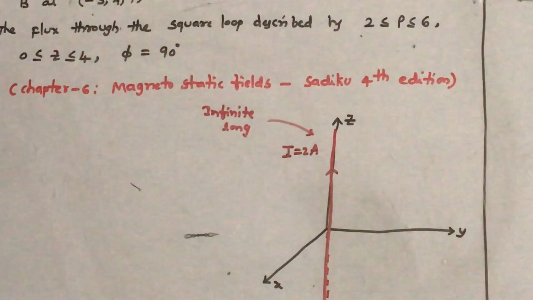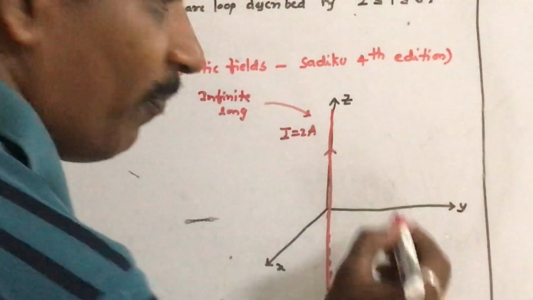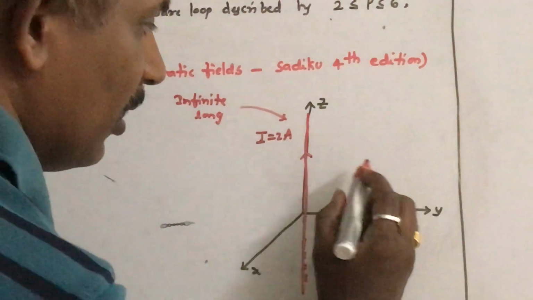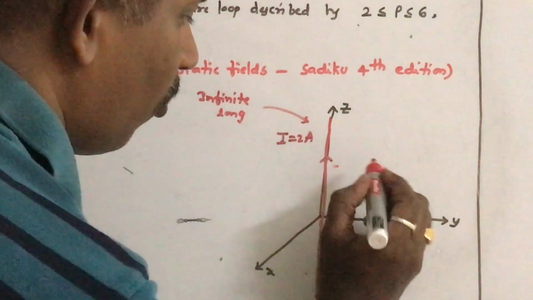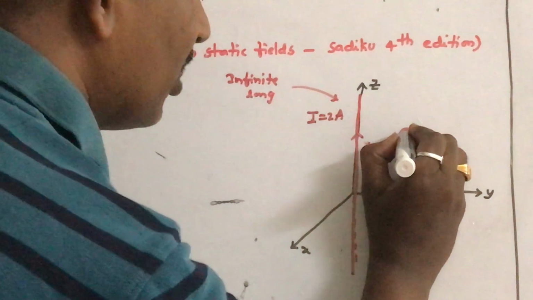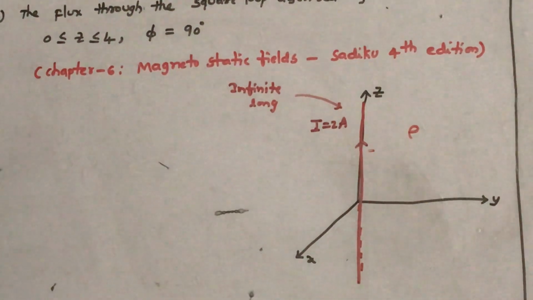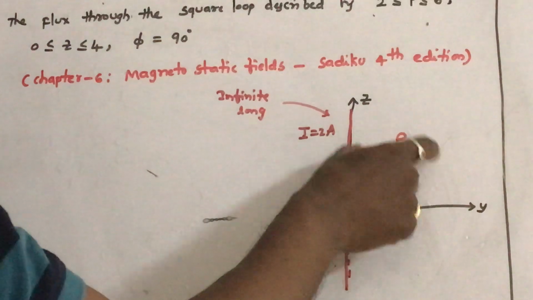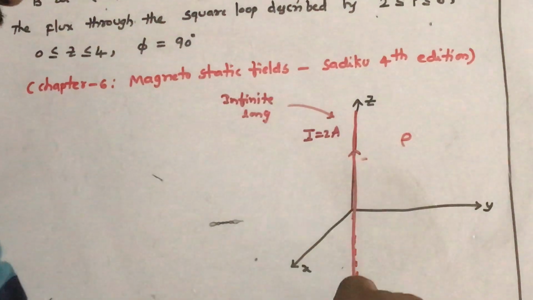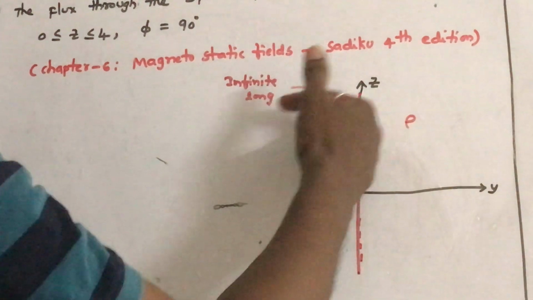As you know, we have derived the magnetic field from Biot-Savart's law. There is one formula: at any perpendicular distance rho, because of the current flowing through this wire, it generates a static magnetic field.